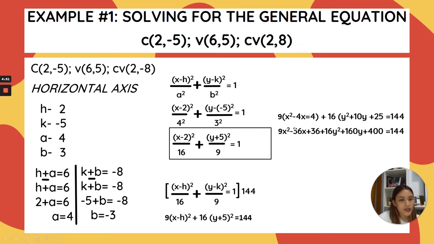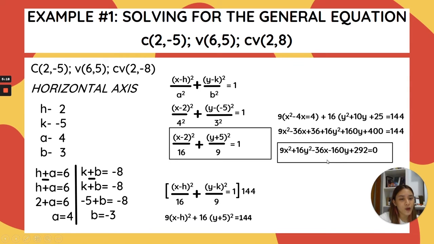And then next we're going to want to move everything to the left-hand side, combine like terms, and arrange them. So this will be 9x squared plus 16y squared minus 36x plus 160y plus, so 36 plus 400 is 436, and then we subtract 144, it will be 292, equals 0. So this now is our general equation.